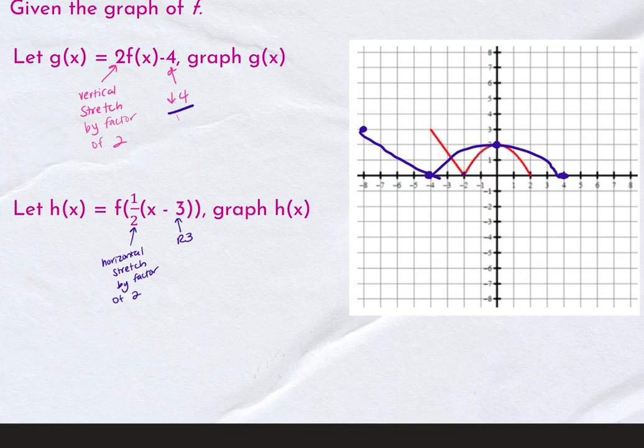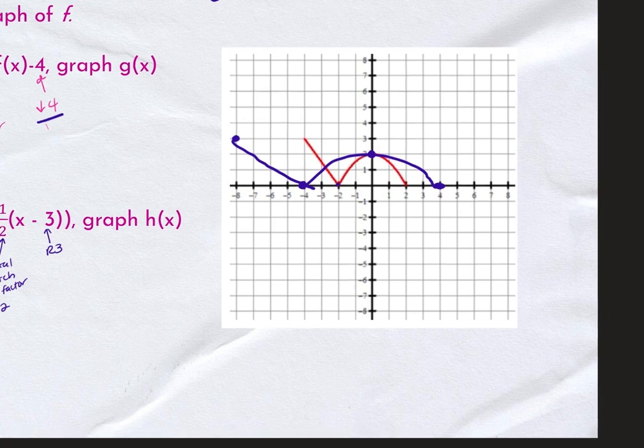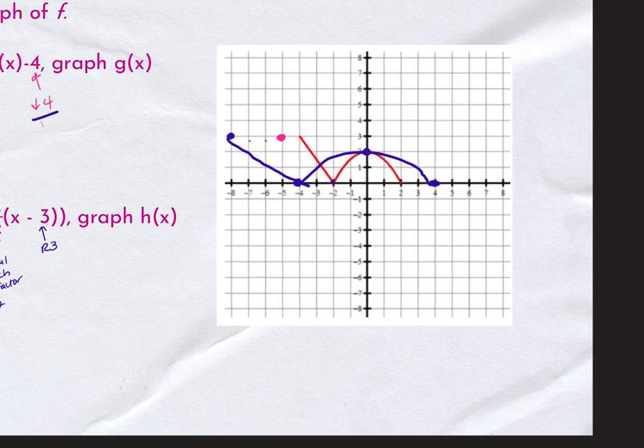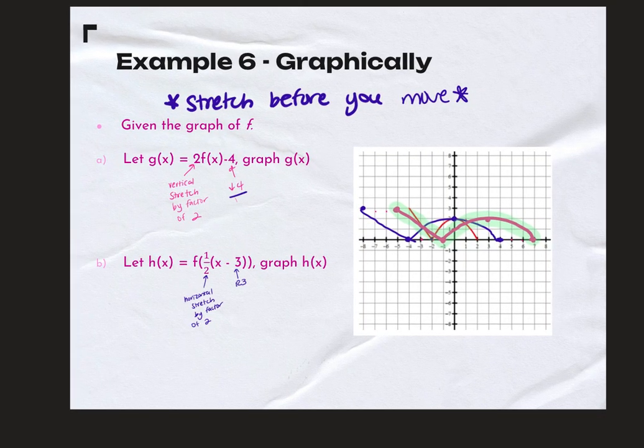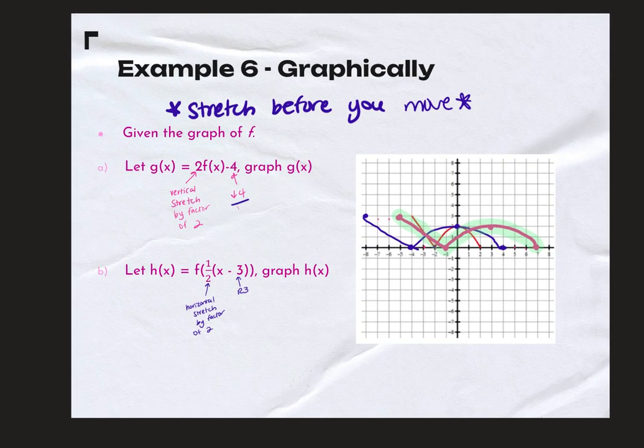So all those points are going right 3. 1, 2, 3. 1, 2, 3. 1, 2, 3. 1, 2, 3. And there's my final B, or h of x. Questions on that one?